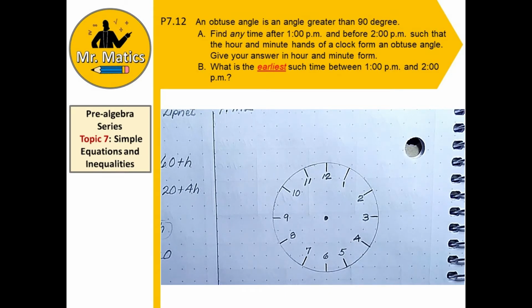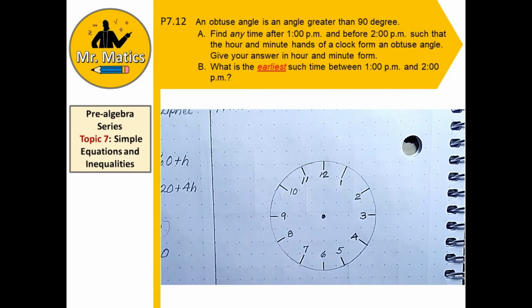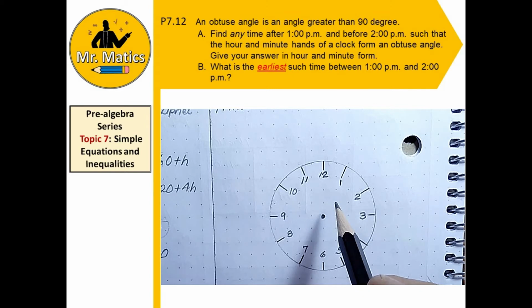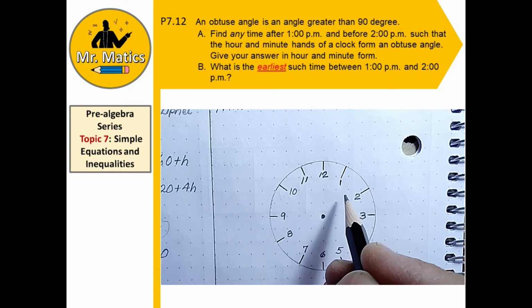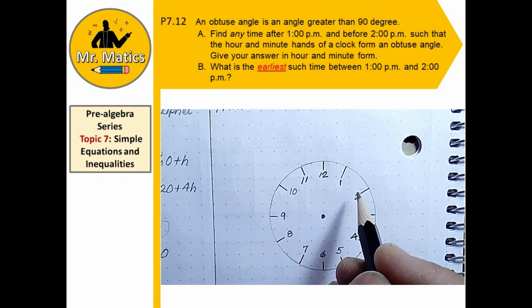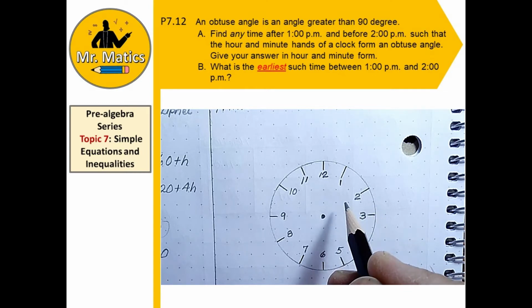This is a fairly easy problem because we know that between 1 p.m. and 2 p.m. the hour hand has to be somewhere between the markings 1 and 2 of the clock. That means it cannot be past 2, because it's between 1 and 2 p.m.